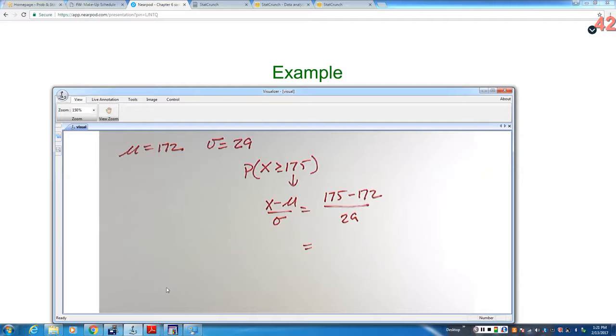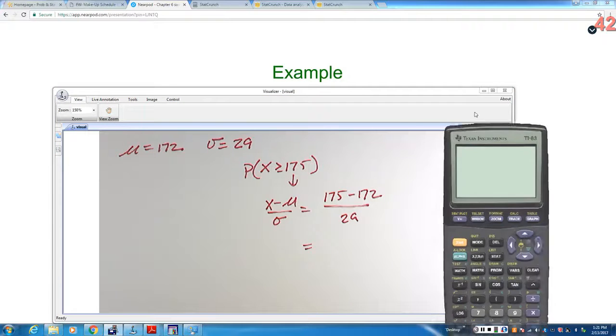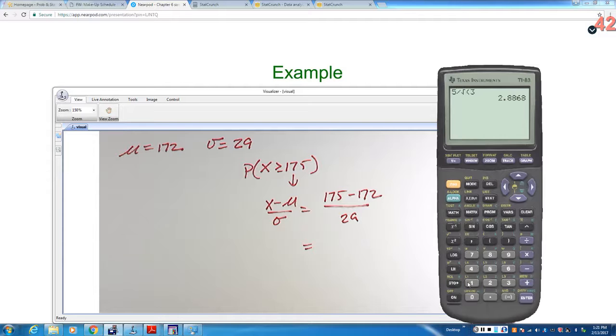Wait, no, it says the weight is greater than 175.